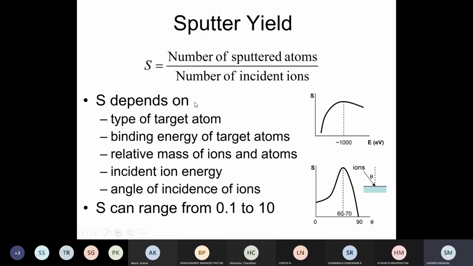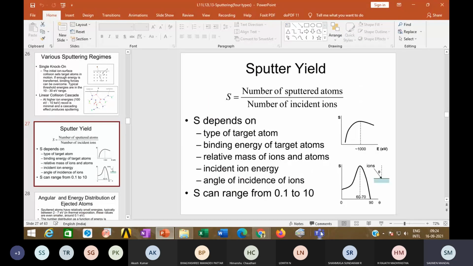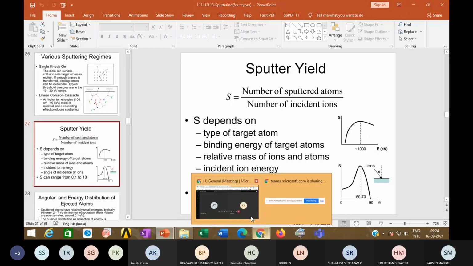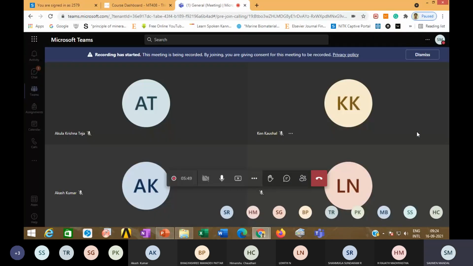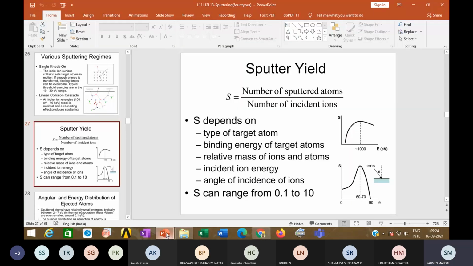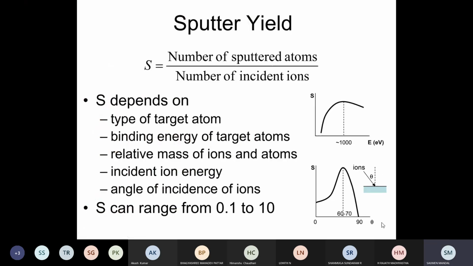So now this S is very important, and S depends on parameters like the type of target atom, then the binding energy of the target atoms.